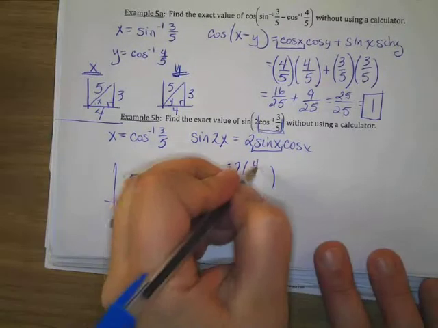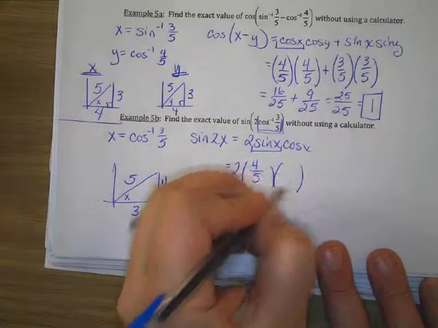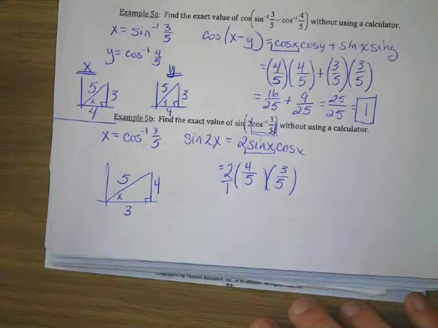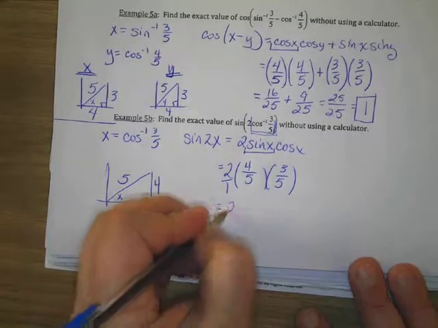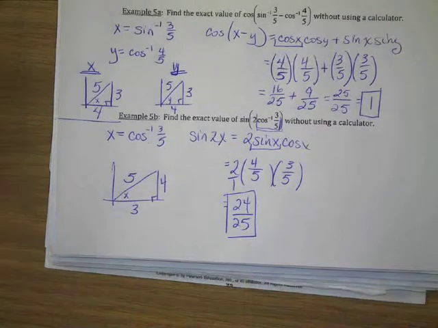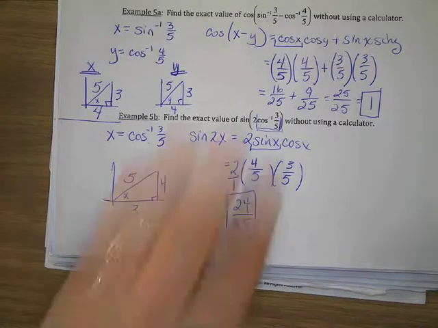It's 4/5. And cosine of x is 3/5. And if you want to write that as 2/1, feel free. 24/25. Oh, really close to 1. But not quite. It's a sliver away. Are we okay with that? Okay.